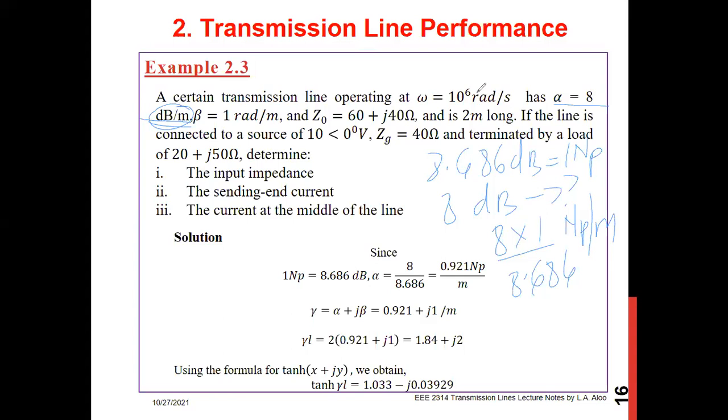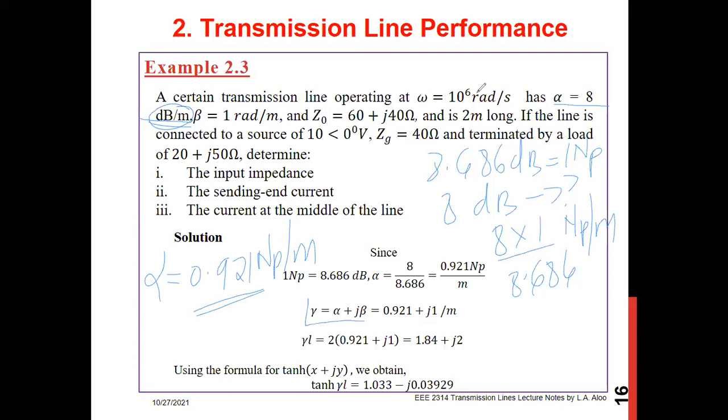So we've begun by converting the given attenuation constant to nepers per meter, and we found that it is 0.921 nepers per meter.